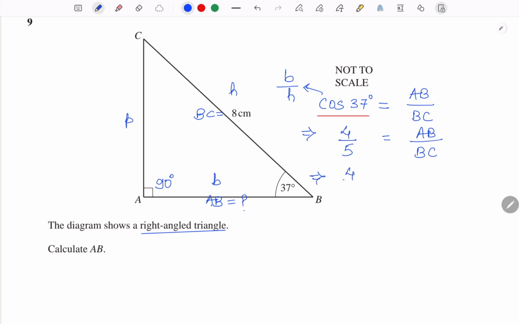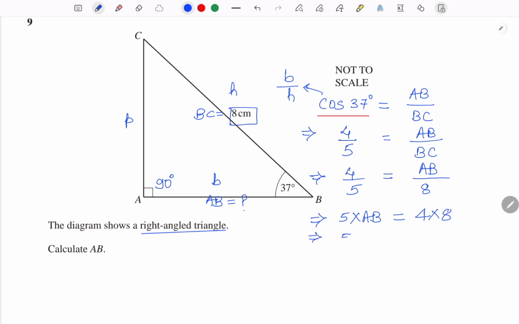Now, we already know that the value of BC is given as 8 centimeters, right? So we will just put 8 centimeters here and we need to calculate the value of AB. From here I can cross multiply. 5 will be multiplied by AB equal to 4 will be multiplied by 8.